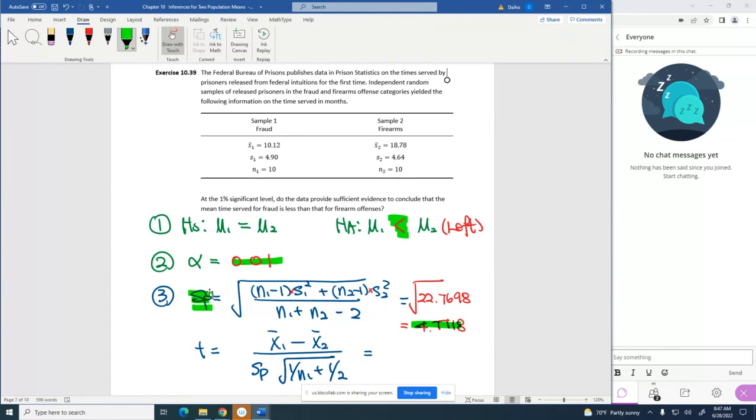Did you have the other equation, the T? Do you have SP? You saw the SP. Plug it into the t equation.